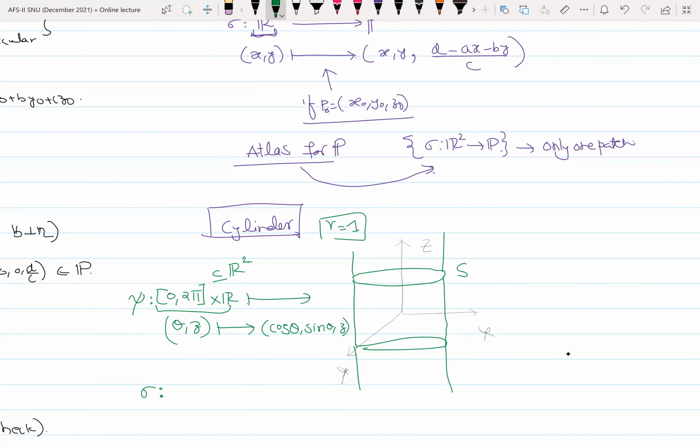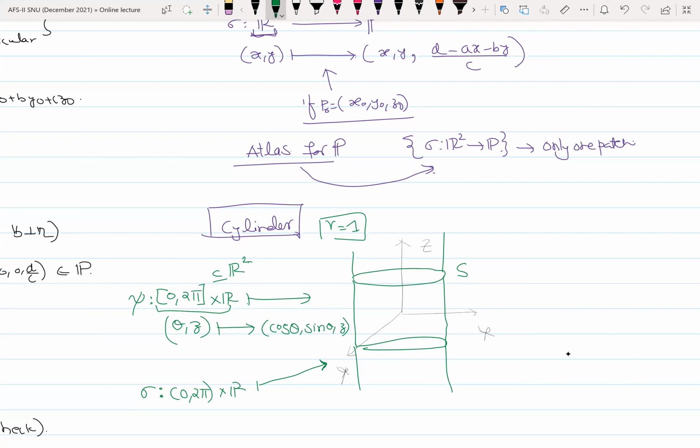R is open. It is a product topology: 0 to 2 pi, an open interval, and then R. Yes, that is correct. If I want to make this open, I have to change the closed brackets to open brackets and give a map over here. But now, is this going to be a homeomorphism with the cylinder?